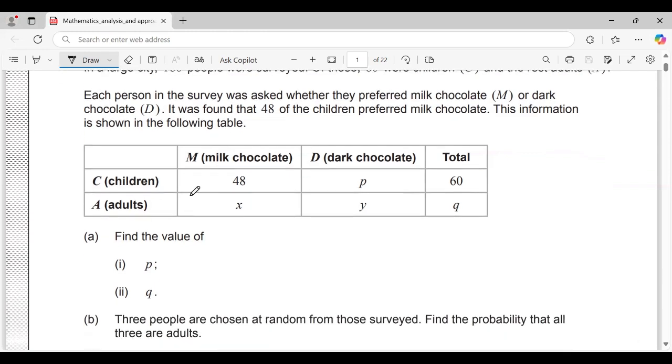So P equals 60 minus 48, which is 12, and Q equals 160 minus 60, which is 100. So P is 12 and Q is 100.